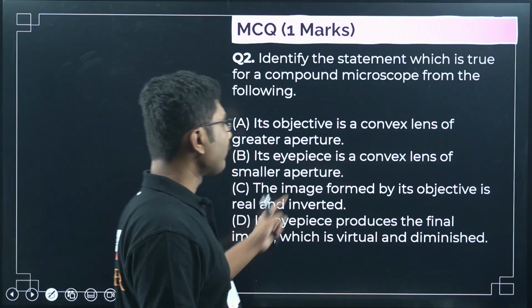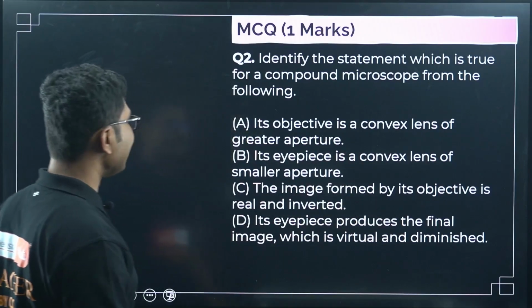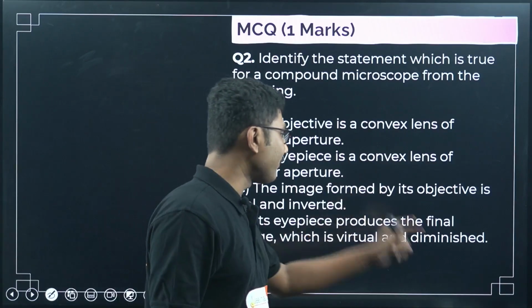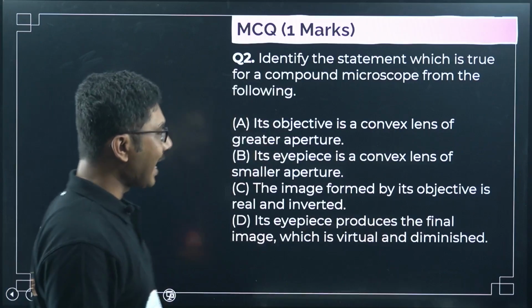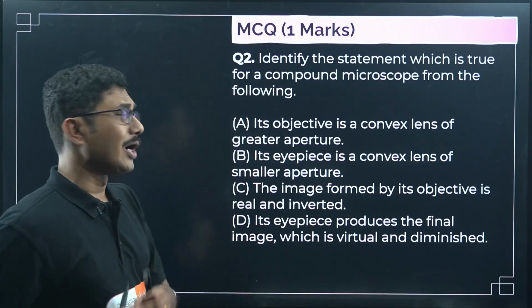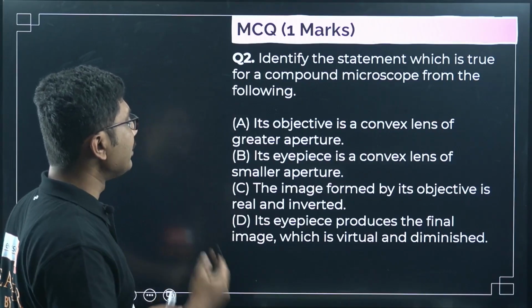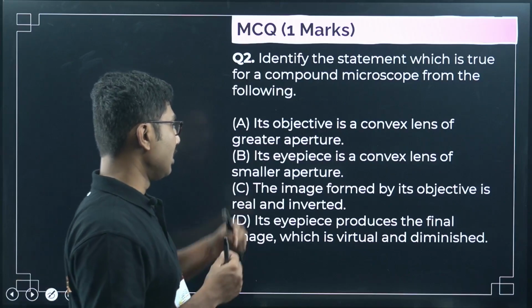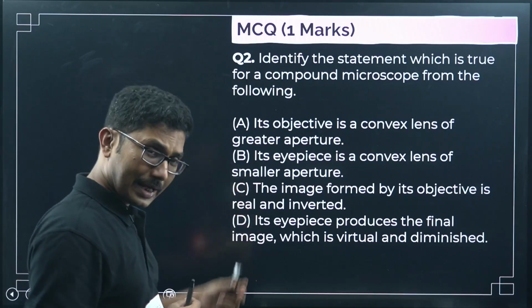The image formed by its objective is real and inverted. The eyepiece produces the final image, which is virtual and diminished. Okay. Now let's see what all are true. First of all, you should remember that the objective lens has a smaller aperture.